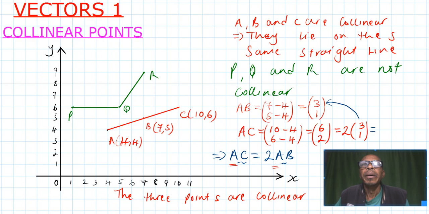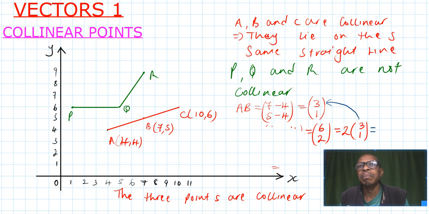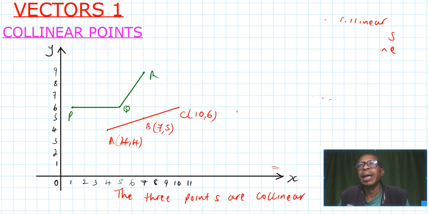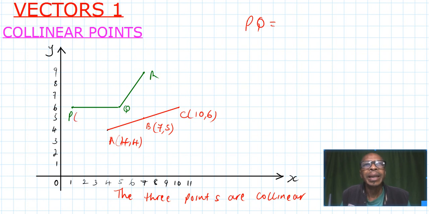Let's try that. So what I have done is I have created another page so that we remain with our other page. Now what we do is we get PQ. The coordinates of P are 1 and 6.